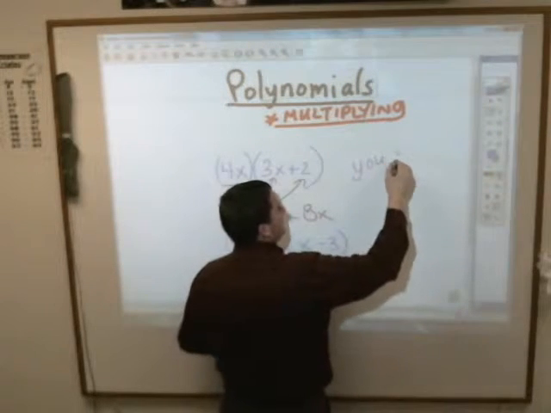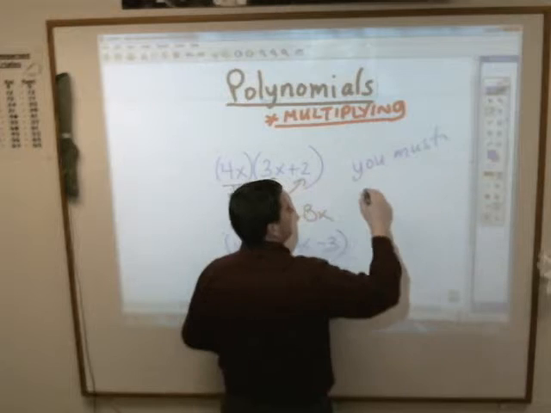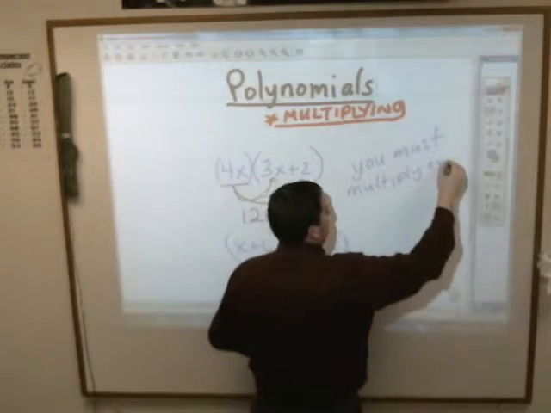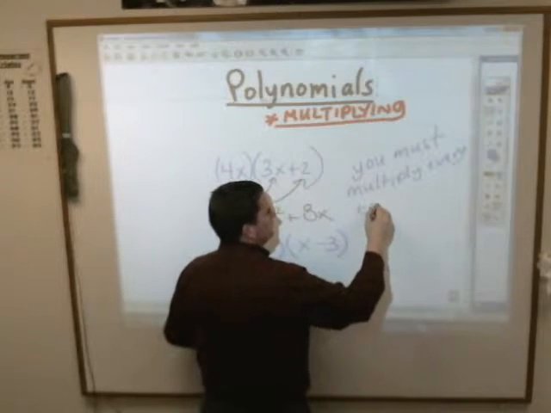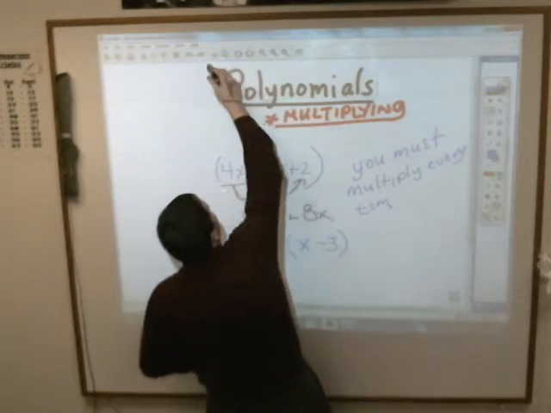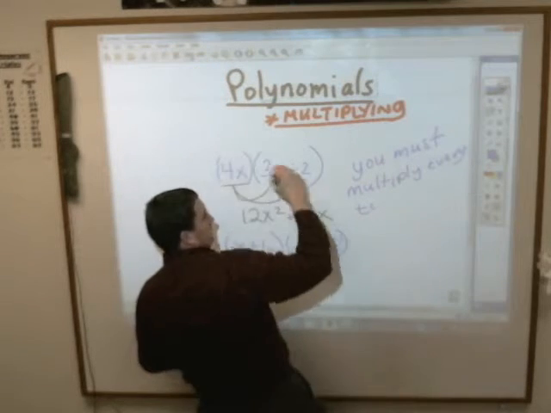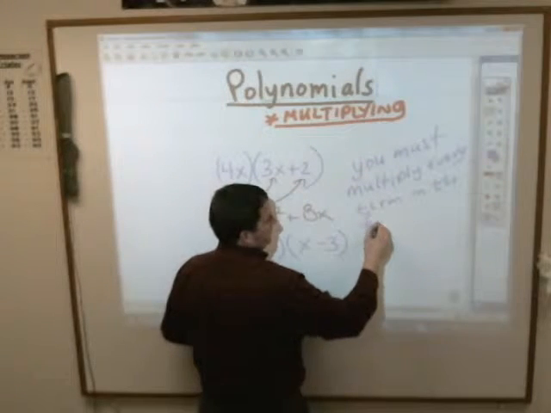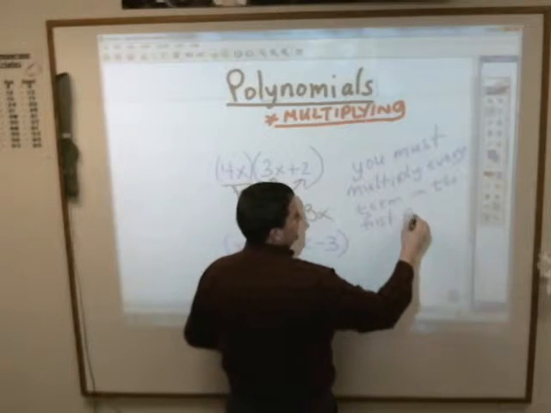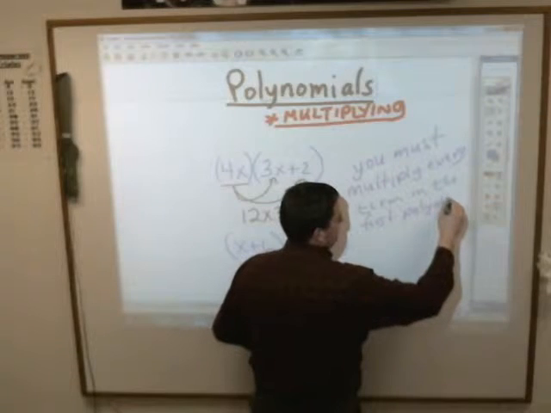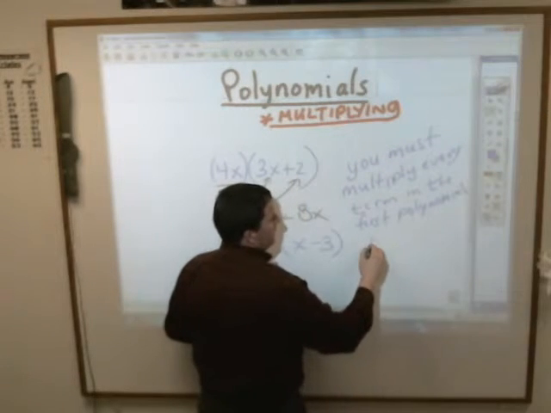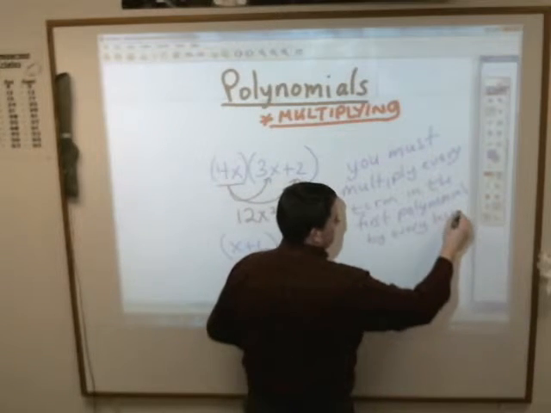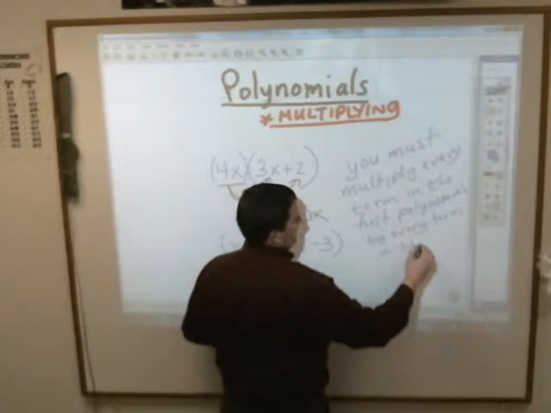Write this down because this is key: you must multiply every term in the first polynomial by every term in the second.